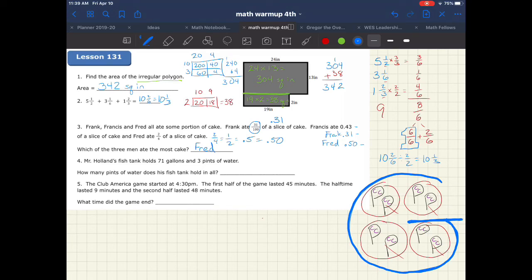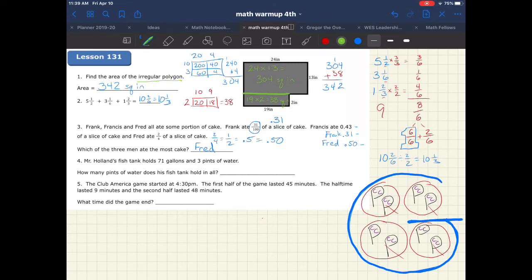How many pints of water does this fish tank hold in all? Well, I brought over the land of G again with its 4 queens, which are quarts. The prince and princess for each queen, those are the pints. And that's what we're looking for here is the pints, right?